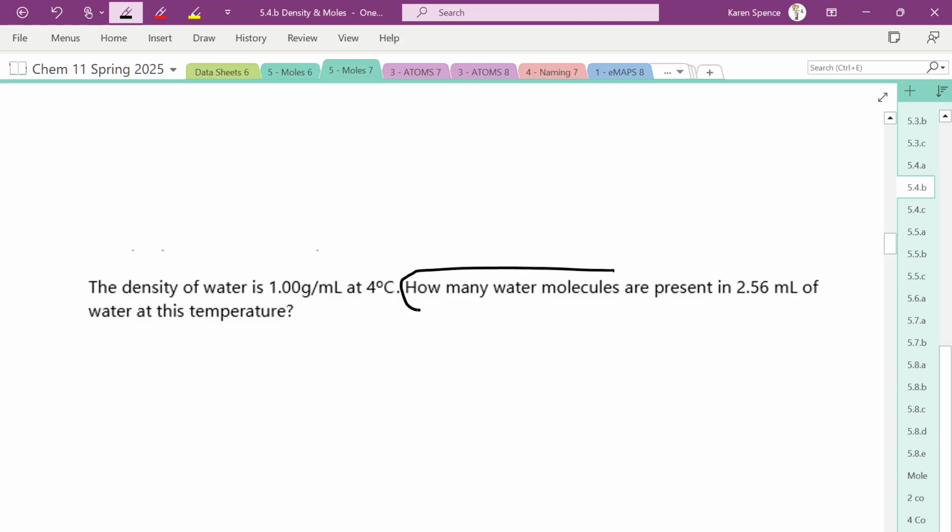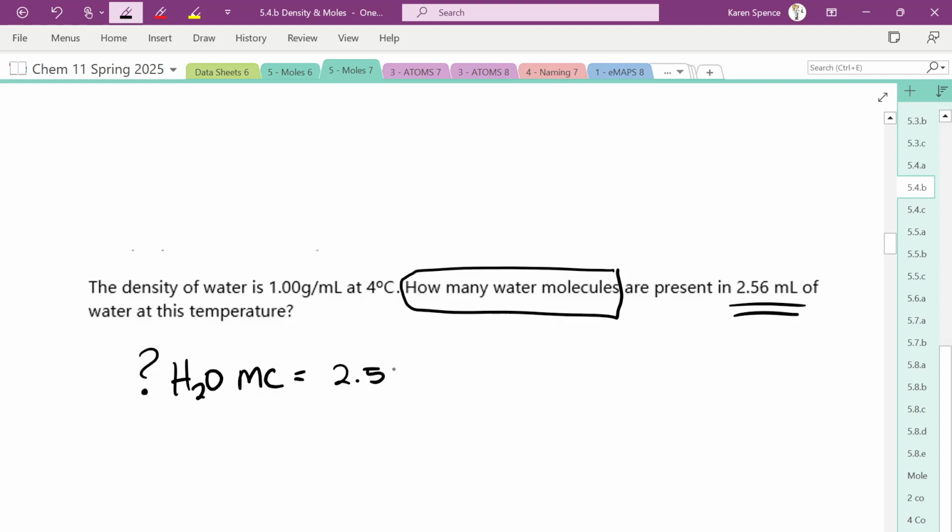So, how many water molecules are there in 2.56 milliliters? And we have the density.